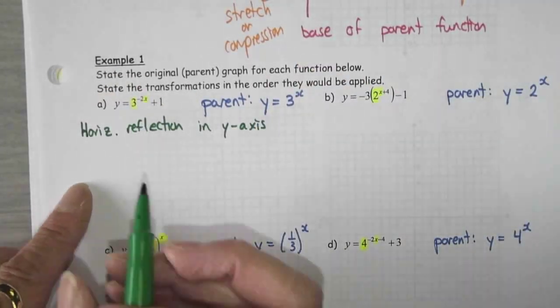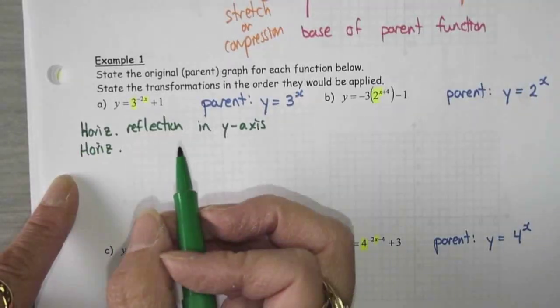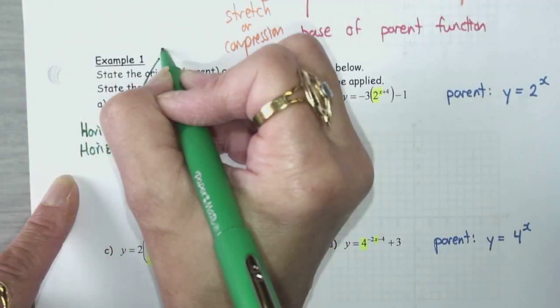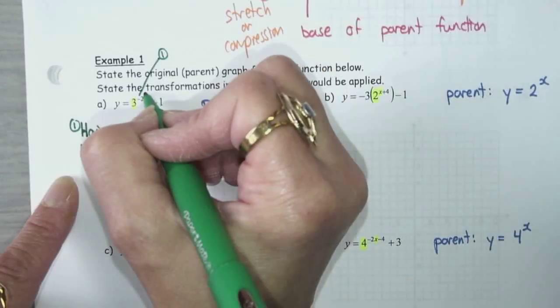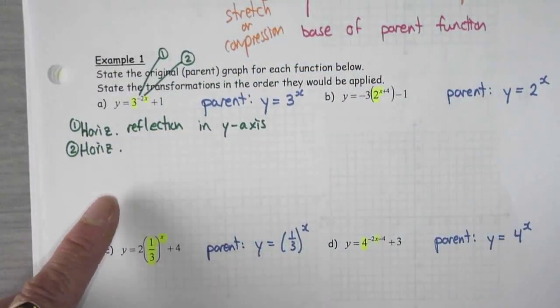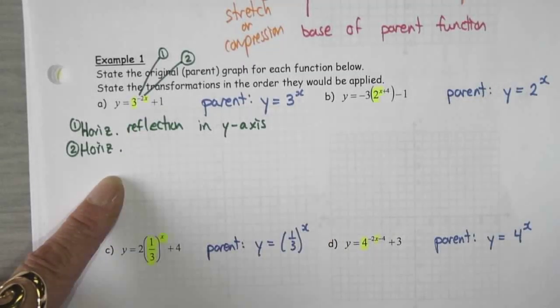How about the 2? That's also going to be horizontal. Do you need me to number them this time, or are we okay? Okay, I'm going to just do 1. That's 1. You don't have to number it on your answer, but I'll number it for our first one. So number 2 is the 2 there. Horizontal, and is that going to be a stretch or compression? It's a 2 there, remember?